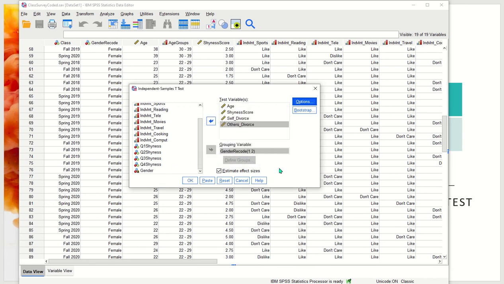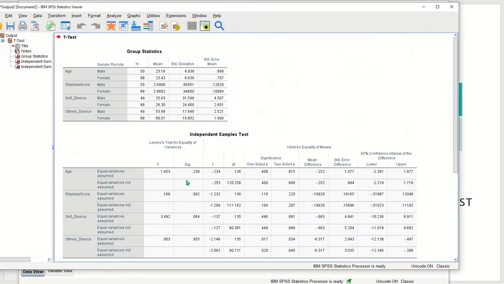And if you have a newer version of SPSS, it will estimate effect sizes for you. Not all of the older versions of SPSS have that, but that's kind of a neat thing that they've put in here for us. And then just click OK.